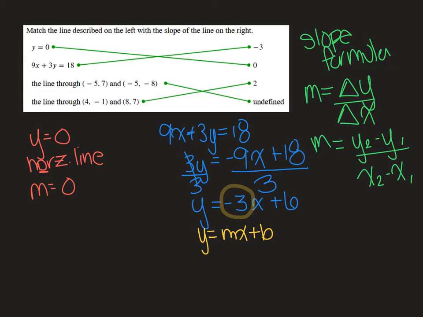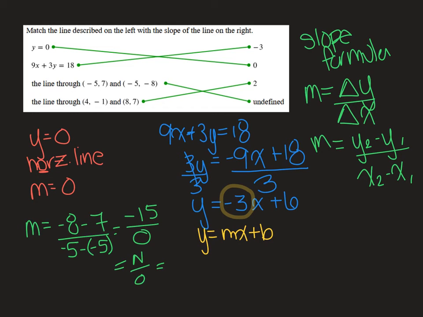So m equals negative 8 minus 7 over negative 5 minus negative 5. Negative 8 minus 7 gives us negative 15, and negative 5 minus negative 5 gives us 0. Anytime you have a 0 in the denominator, you cannot have 0 in the denominator, so it makes it undefined.